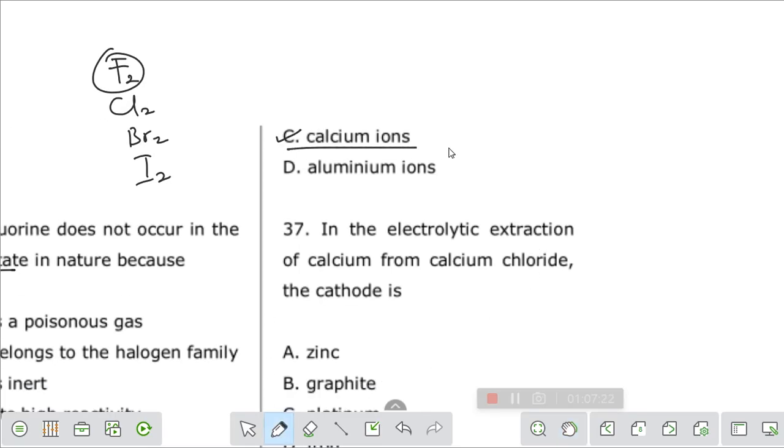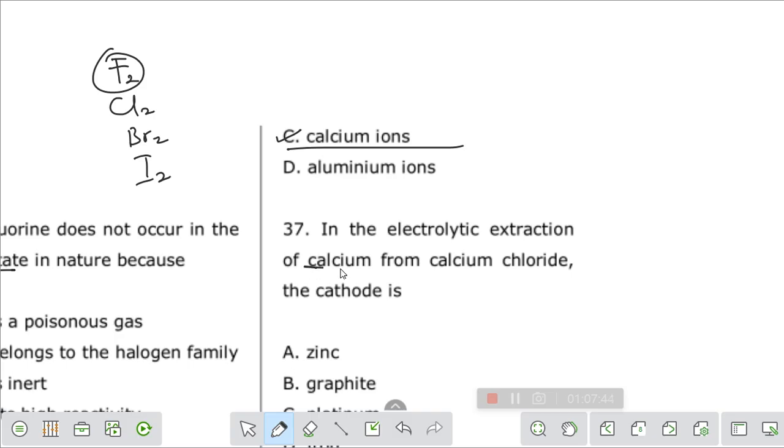So in the electrolytic extraction of calcium from calcium fluoride, what is the cathode?